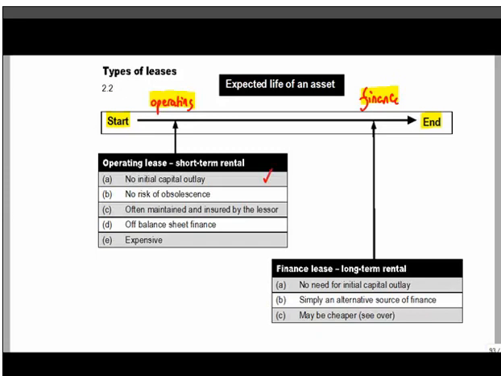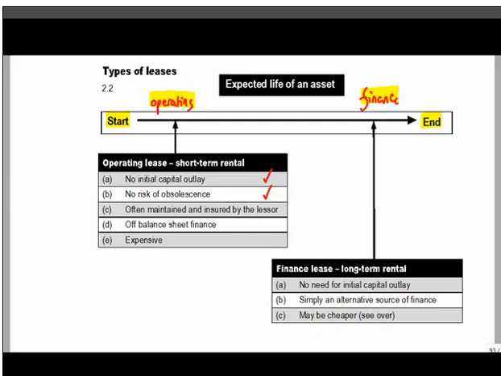By only tying into a short-term agreement, if technology changes, you're not exposed to the risk of technical obsolescence, because your lease agreement doesn't tie you in for very long, and then when you take out a new lease agreement, it can be on a more up-to-date version of that asset.